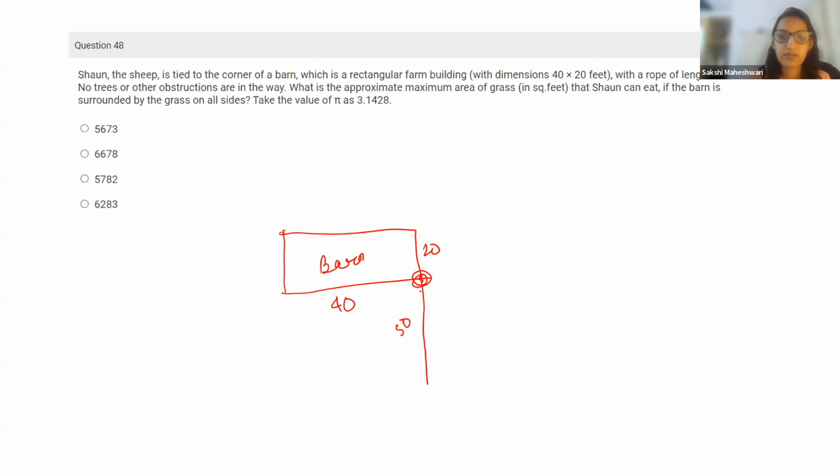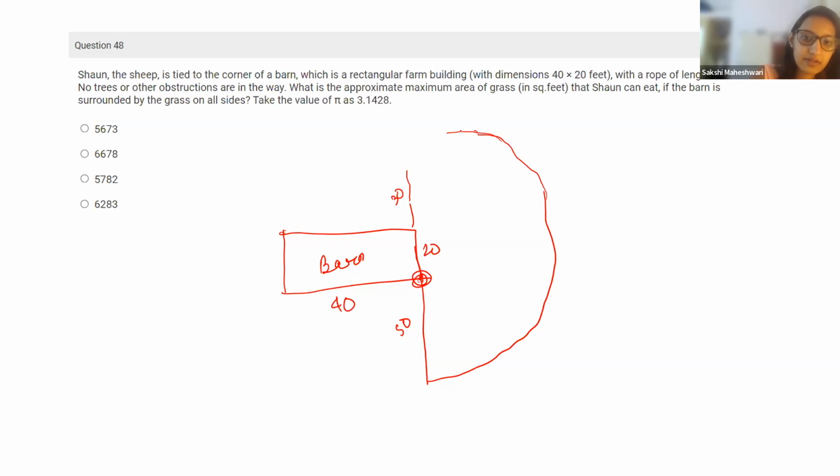Now it can go from here till here till here. What happens is when you come to here, this will be 20 and then this comes out to be 30.